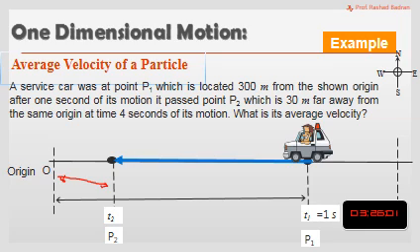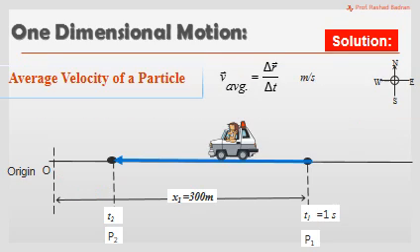In this example, the initial position of the car is given as 300 meters due west, and the final position is also given as 30 meters due west. In order to find the average velocity, we need to apply the relation that says average velocity equals the displacement delta r divided by the time interval.